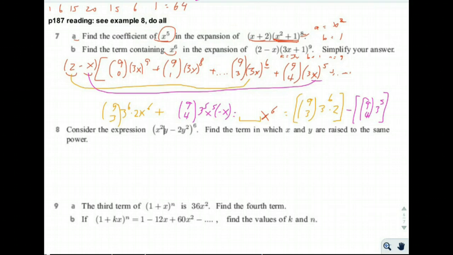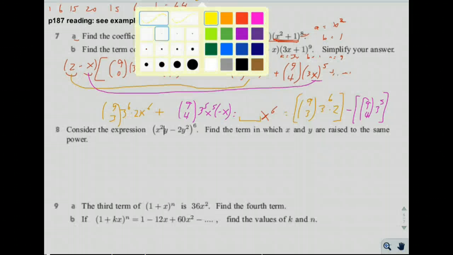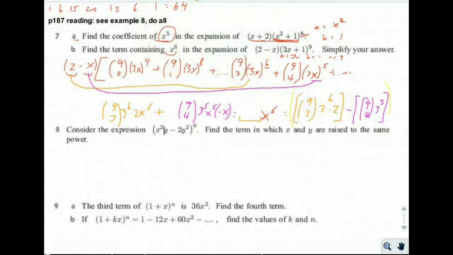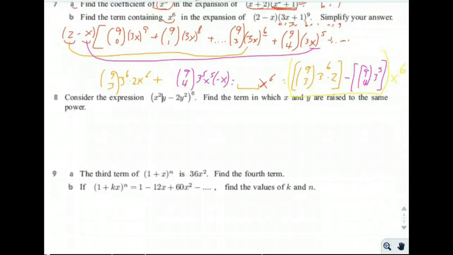Okay, so the coefficient would be this mess here, and that's all times x to the sixth. Okay, so to simplify that, you could do it by hand, but on a problem like this, probably they're going to tell you that you can use the calculator. Okay? Let's see, go to the next one.